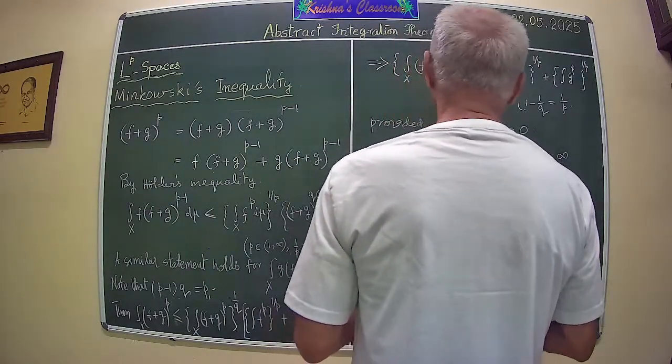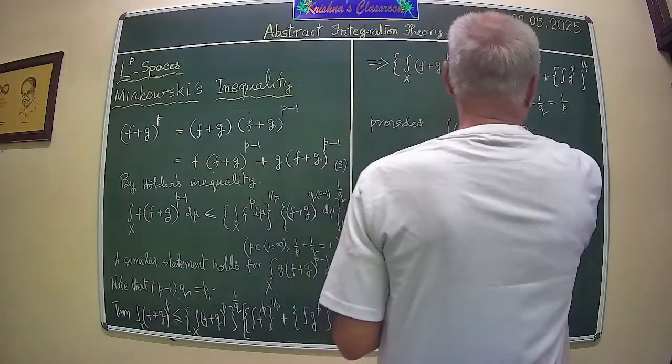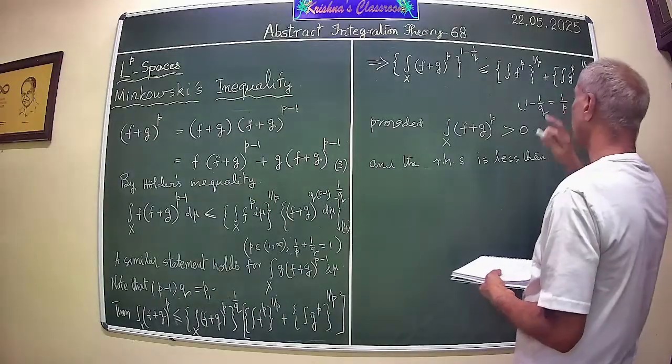So from this, it is quite easy to see 1 by p plus 1 minus 1 by q equal to 1 by p.